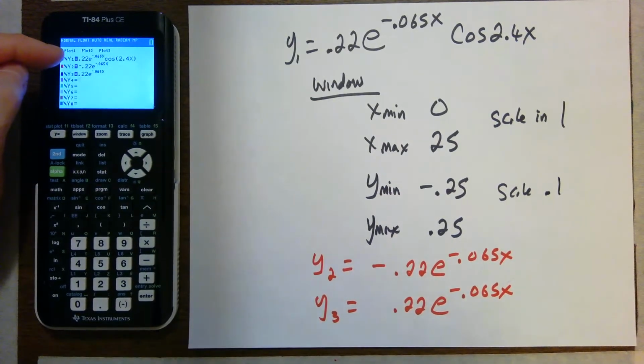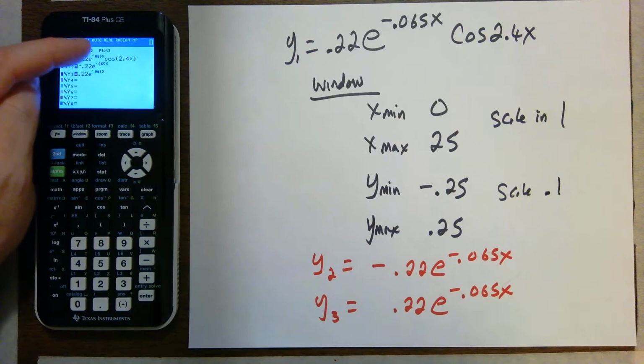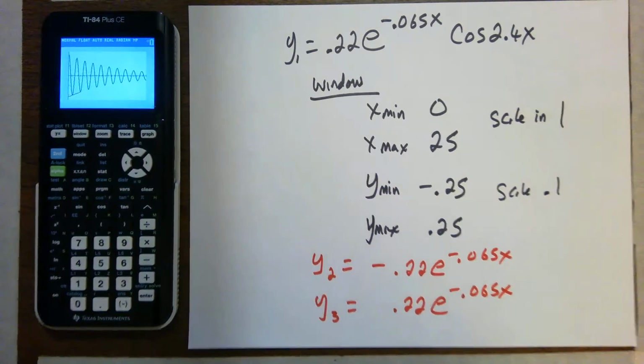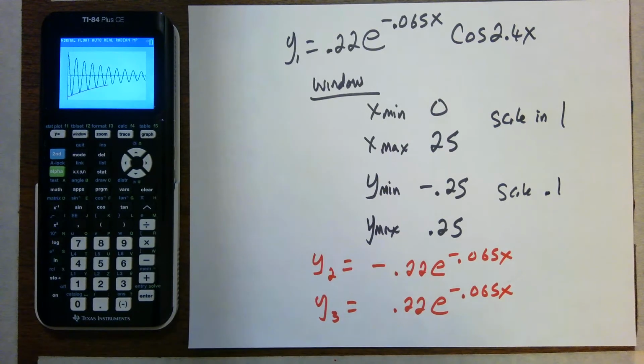So I've got the two boundaries without the cosine of 2.4x in there, and then graph those on top. And we can see that we've got a curve that represents the minimum values and a curve that represents the maximum values.